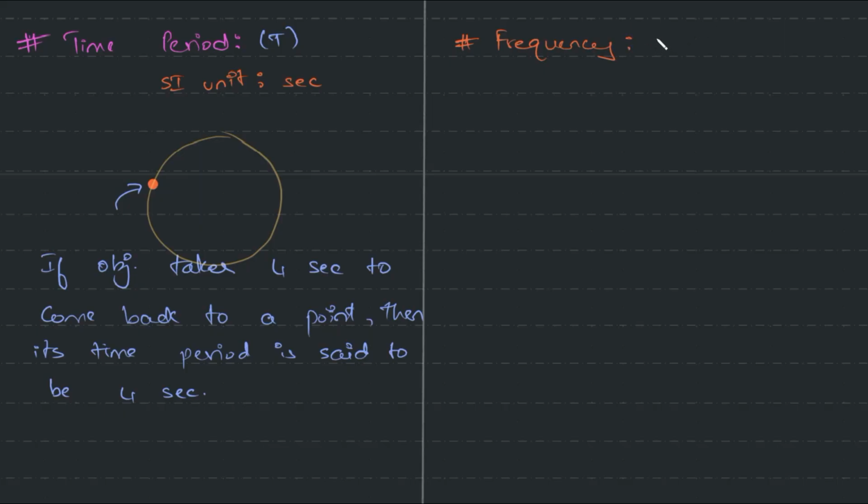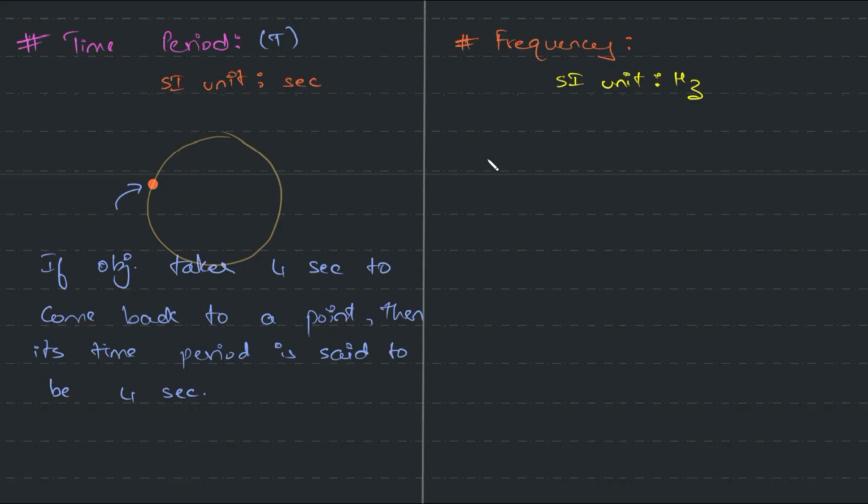When it comes to frequency, it is represented with F, is what we generally hear. The SI unit is Hertz. It's named after a person, so we have H as capital. All this basic should be learned in your first chapter, how to write units.